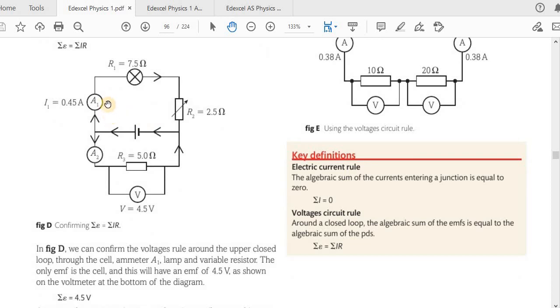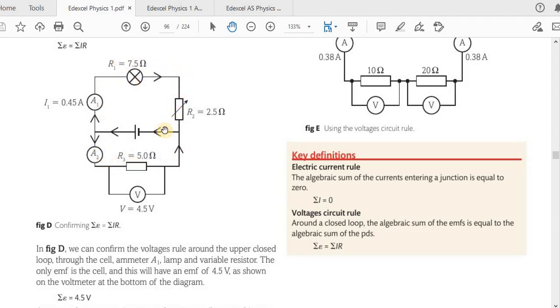Okay, now you can also do it for this big loop here, which is like, okay, going like that, like that, like that, then you have to omit this. So then you will see here the current is going this way, but here the current is going the other way. So this way it is plus 4.5, this way, because the current here is flowing the other way, it's minus 4.5, so total is 0 if you consider the big loop here.